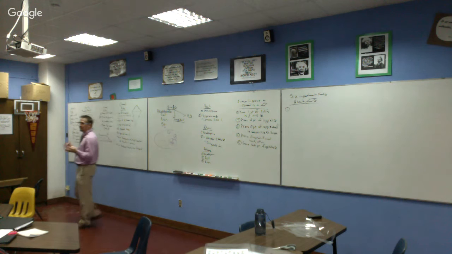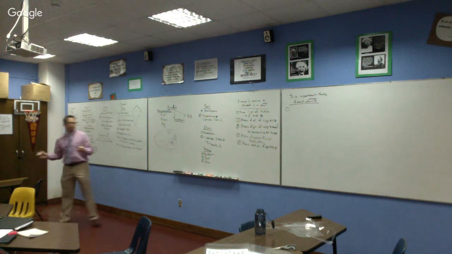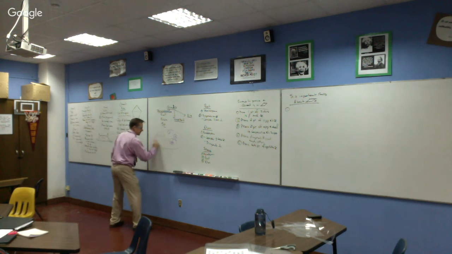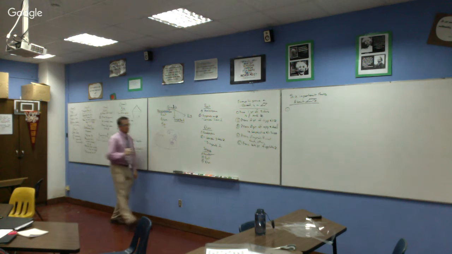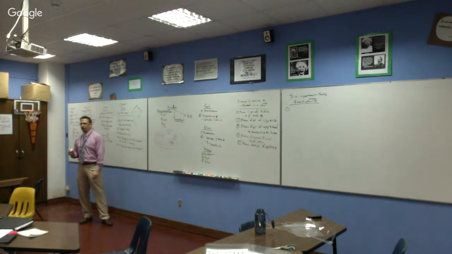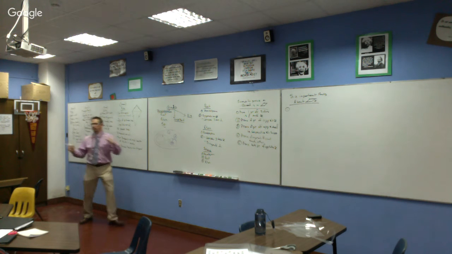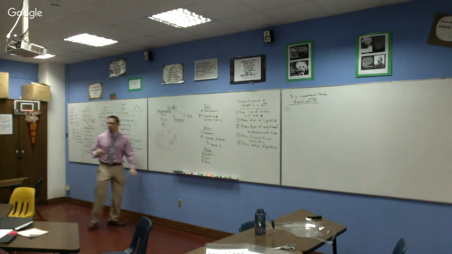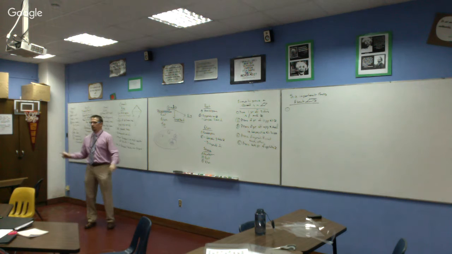The next big family is parallelograms. Then inside the parallelogram family, we have rhombus and rectangle. And what do I know about the rhombus and rectangle? The square.